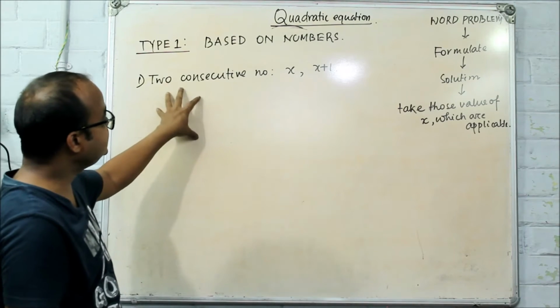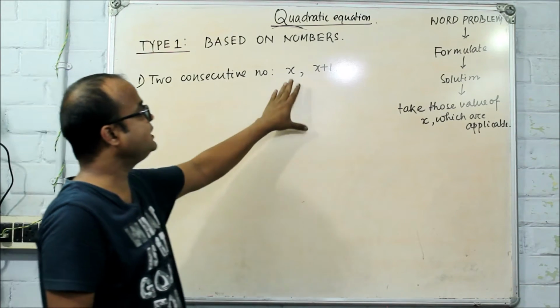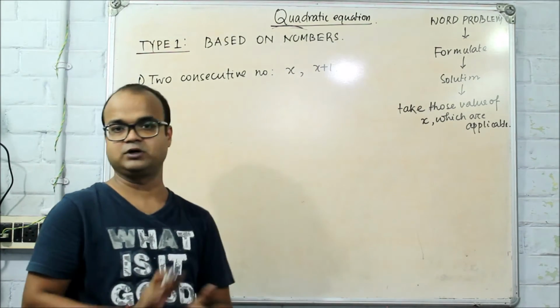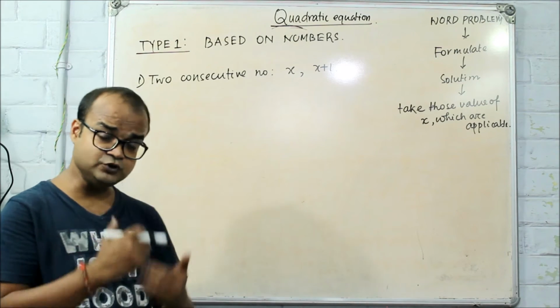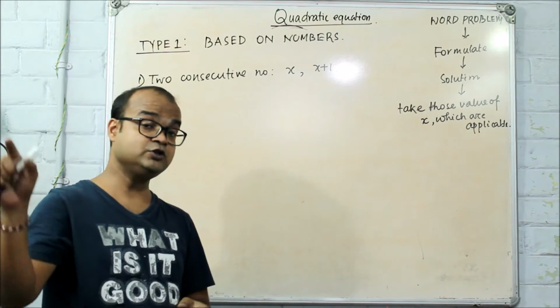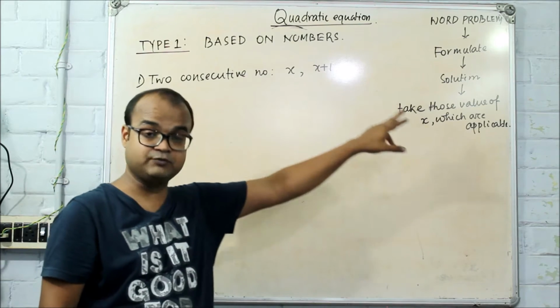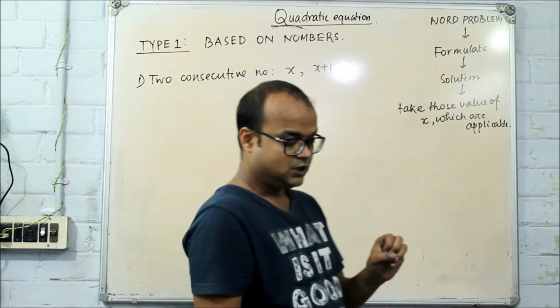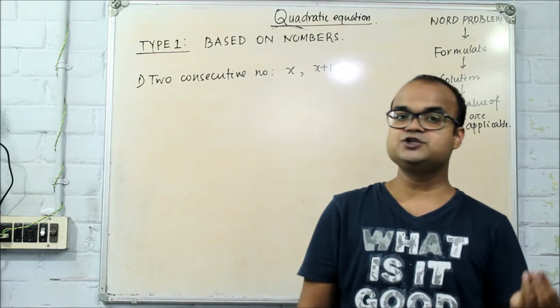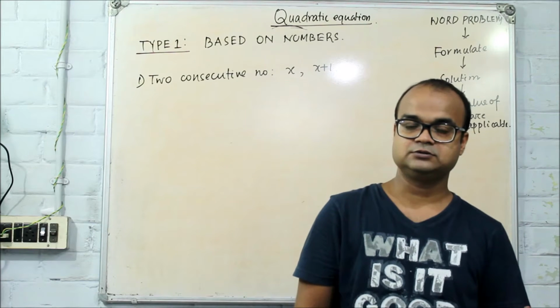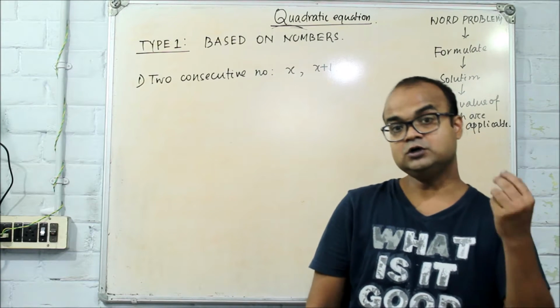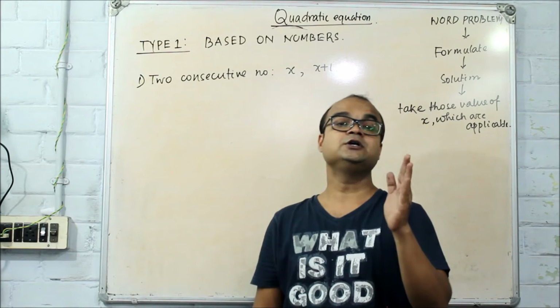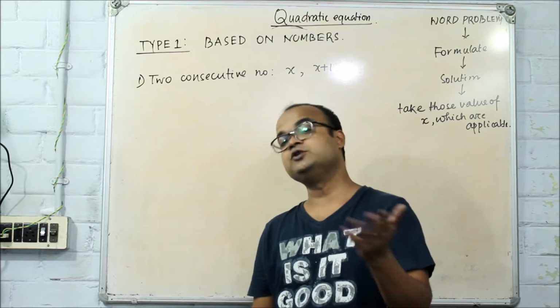Once you get the value of x, you need to find x plus 1 also. Suppose your answer is coming as x equal to 2. Clear? Then your consecutive numbers will be 2 and 3.